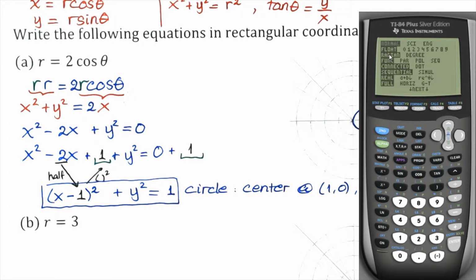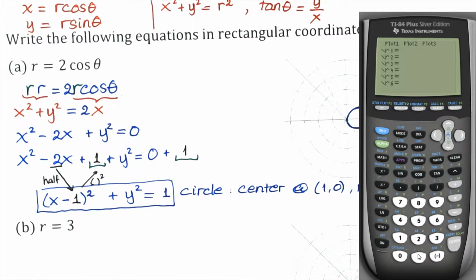It is in radian mode, which is good. And it should be in polar coordinate. And we hit y equal 2, and that should be just 2 cosine of theta. And the graph, you see the graph like that.